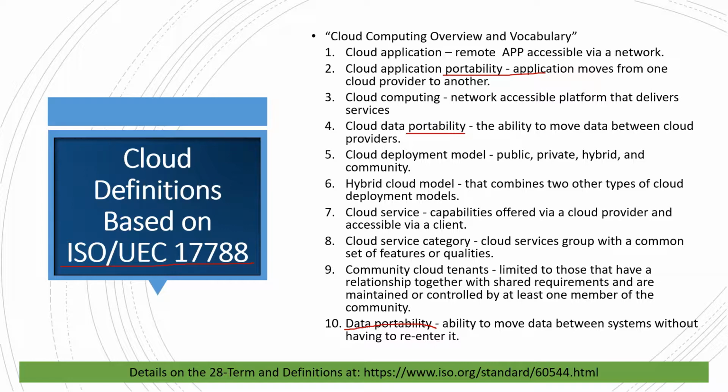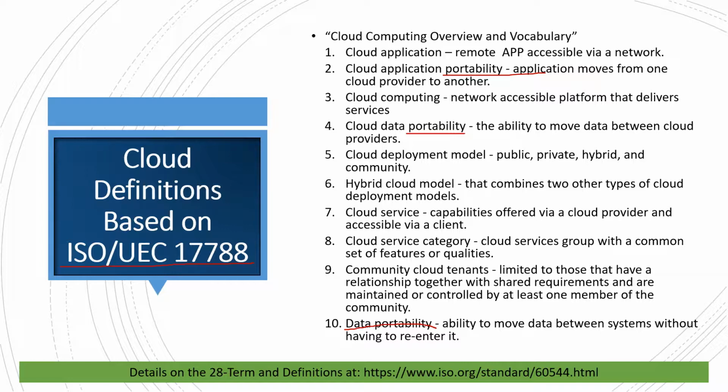If you go through the book, portability is listed multiple times as well. But the bottom line is you should be aware that there is application portability, cloud data portability, and data portability, and be aware of the differences between them.